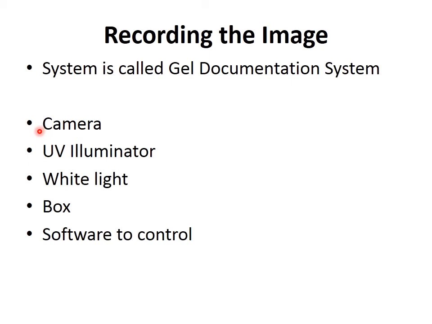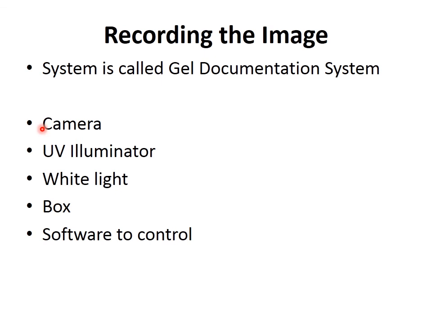There's a camera attached to the instrument. The camera records the image of the gel, and then the image is captured by a software which is installed on a computer which is connected to this camera.